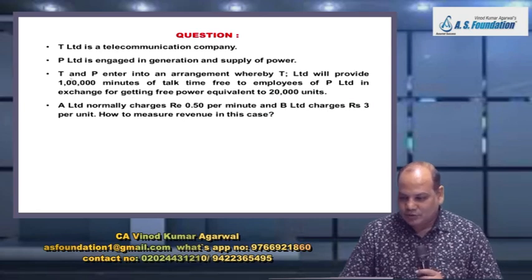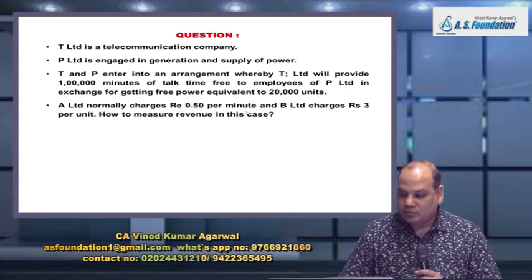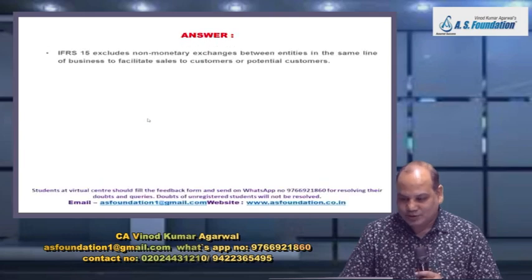Understood the deal? T will supply 1 lakh minutes of talk time. P will supply 20,000 units of power. T Limited normally charges 0.50 per minute and P Limited charges 3 rupees per unit. How will you recognize the revenue in this case?